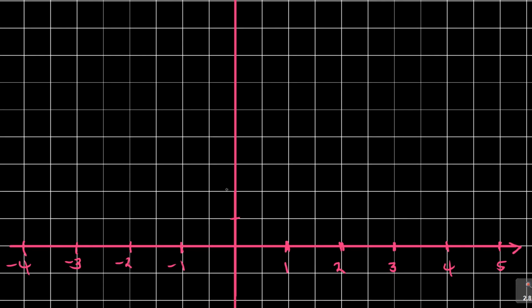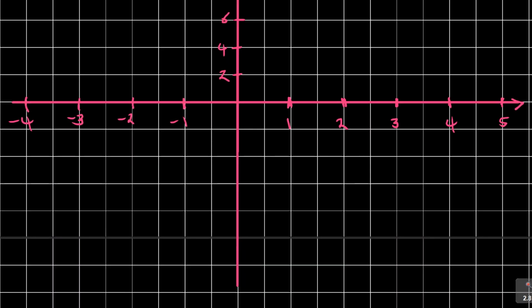So this will be 1, 2, 3, 4, 5, 6, 7, 8. Let's use 2 actually for y. It will be 2, 4, 6, 8, 10, 12. Still fine, because it was going to be too long.